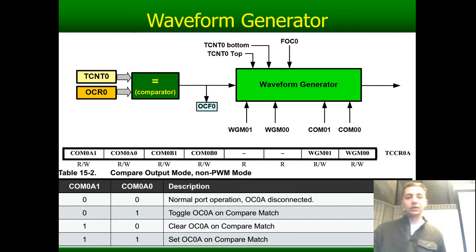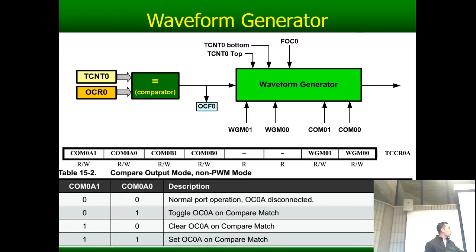Not much better. Okay. So for the COM bits, there's 4 different modes you can be in. Normal mode just means we're not doing any waveform generation modes. And that's what we've been doing thus far. We've just left these as 0. Once we want to do waveform generation mode, we have a couple of options.